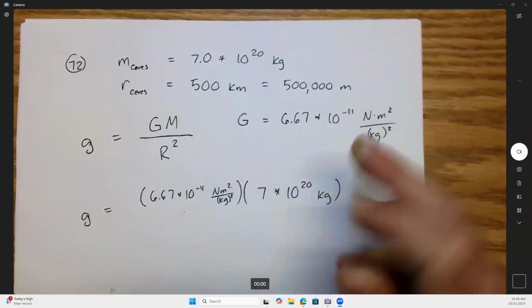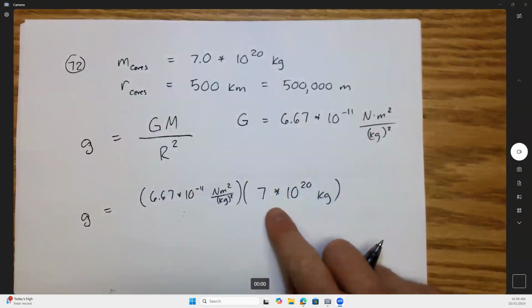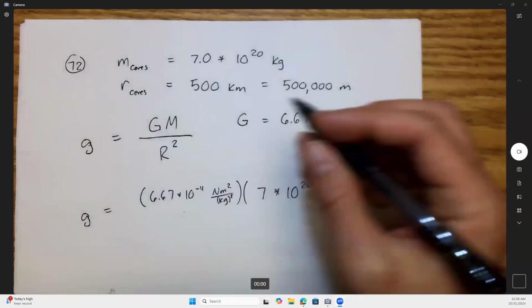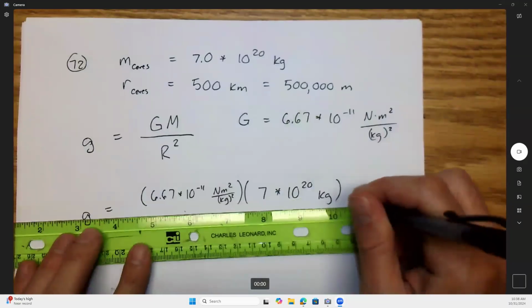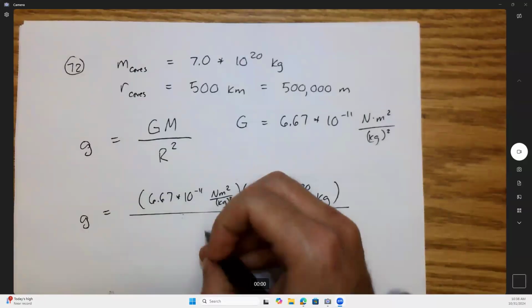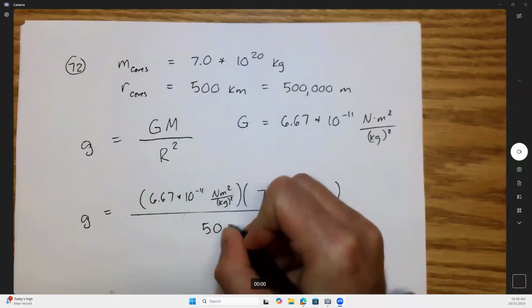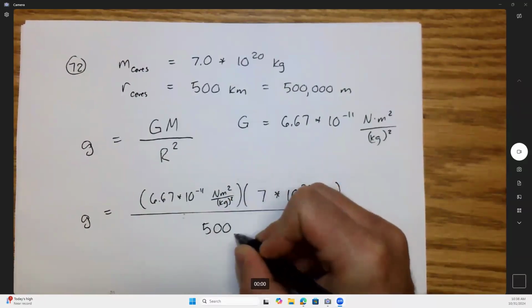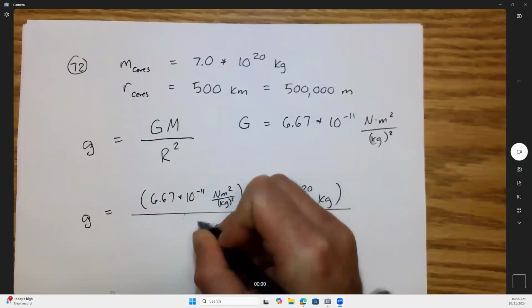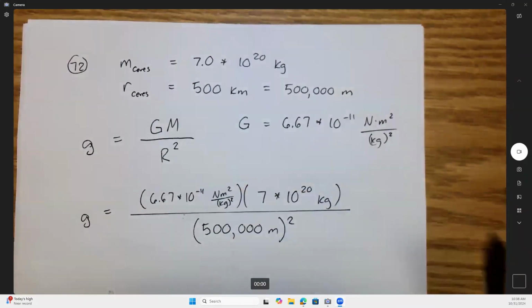If you wrote this number out in expanded form, it would be a 7 followed by lots of zeros, kilograms. Scientific notation is easier. And then divided by the radius squared. Guys, can I say 500 squared? No. Aha, you caught me. 500,000 meters, and square that.